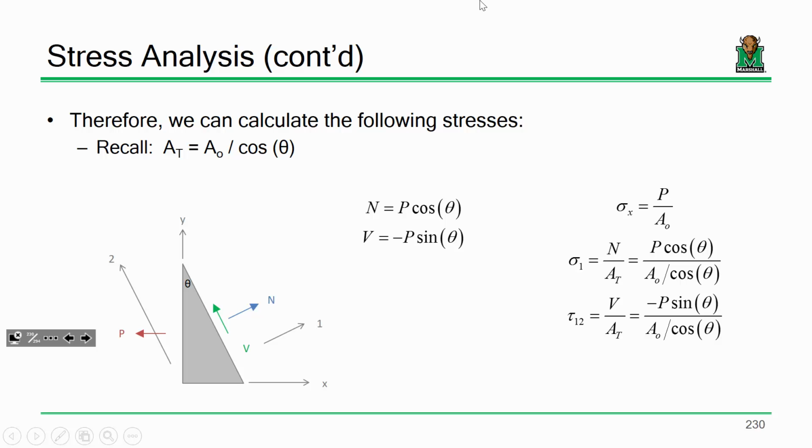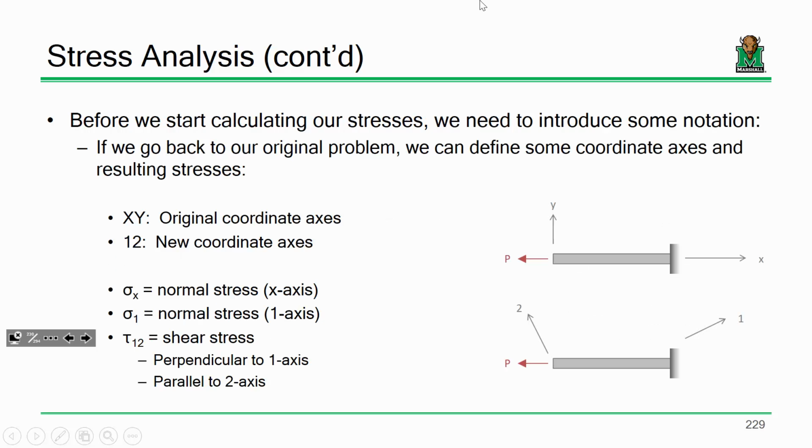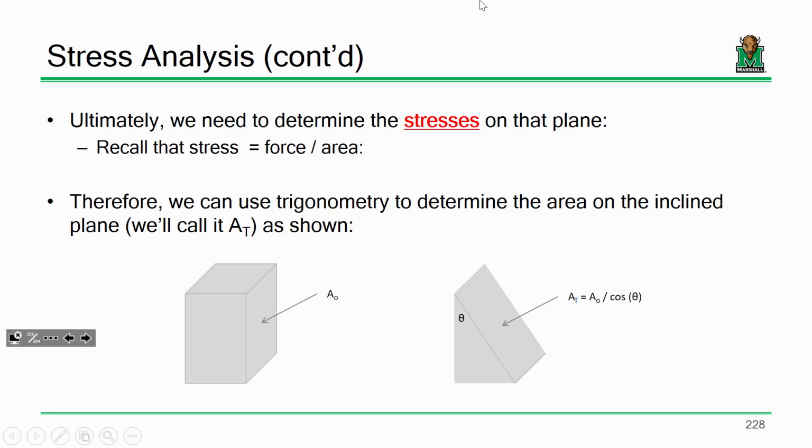Yes, sir? Why is the A T equal to A naught over cosine? Okay. That comes from this. So if I have some face right here with some area, let's see. Let's test my artistic skills.